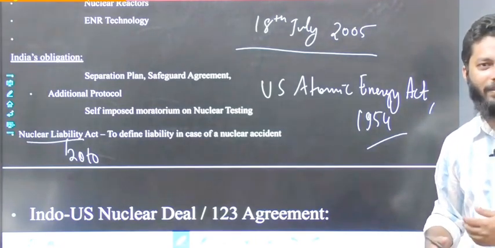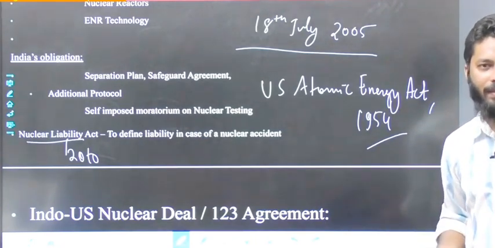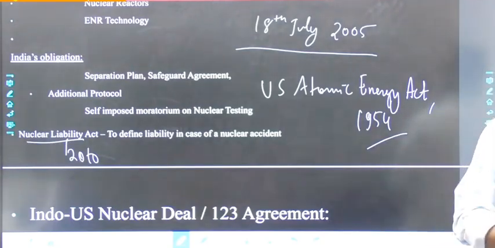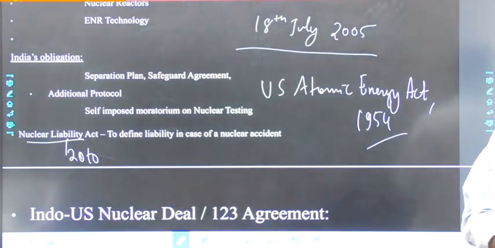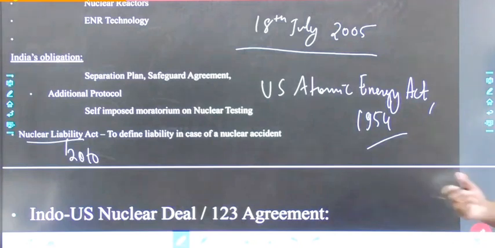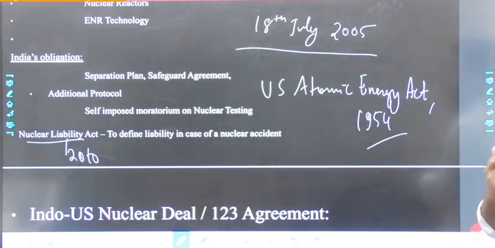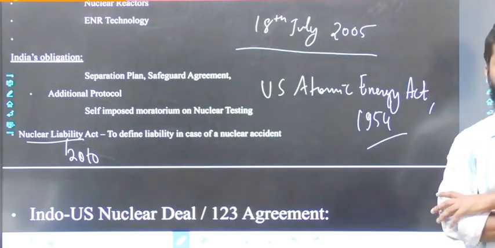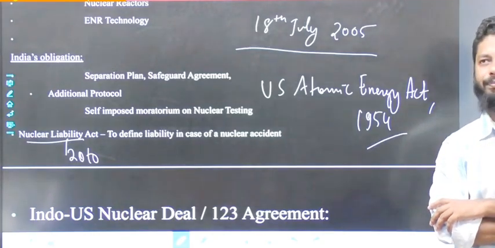So in case of any nuclear accident, you shall fix liability on someone, like on the operator, the country which is operating. Like in India we have Bhavini and we have NPCIL. We will study these things when we study nuclear programs. There are basically two operators in India, NPCIL, Nuclear Power Corporation of India Limited, and Bhavini.